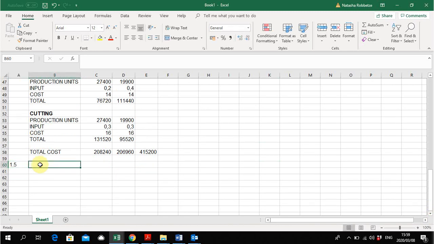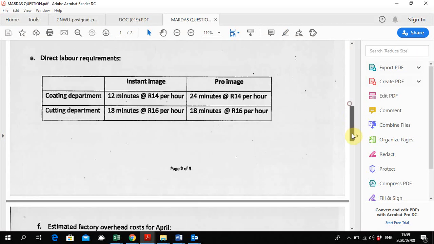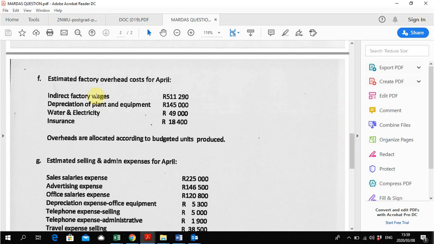it requires us to do the overhead budget. If we go to the overheads, you will find that a few overheads have been listed there, and they tell us it needs to be allocated based on the units that are produced.